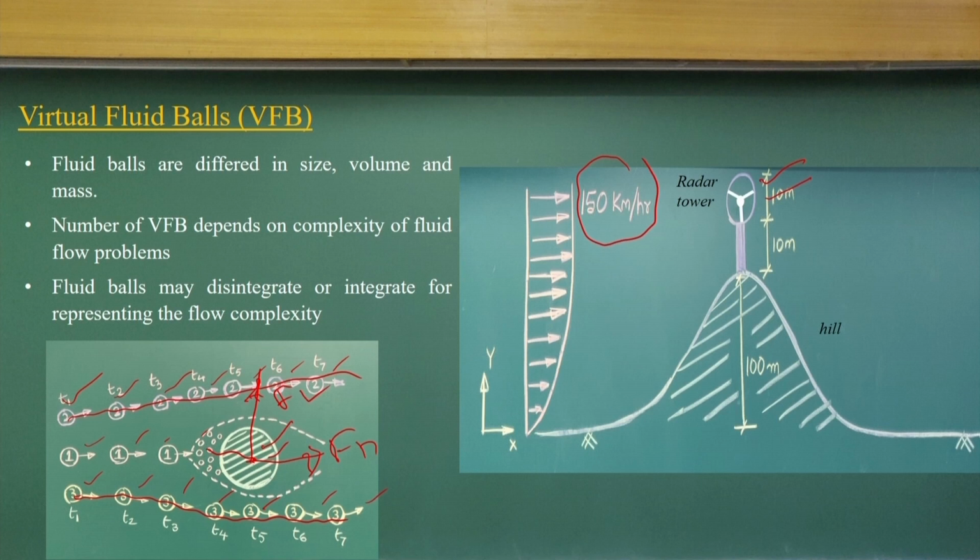Okay. To find this out, just by rolling the virtual fluid balls and trying to find out what the streamlines could be, because once we know the streamlines we can tentatively know the pressure distributions and velocity distributions.